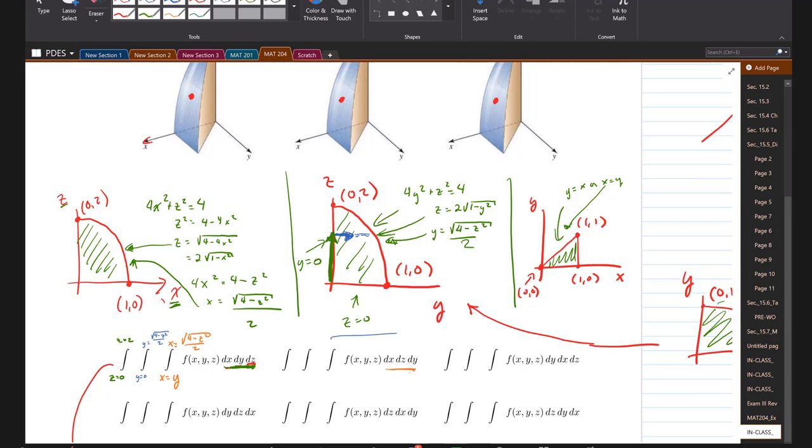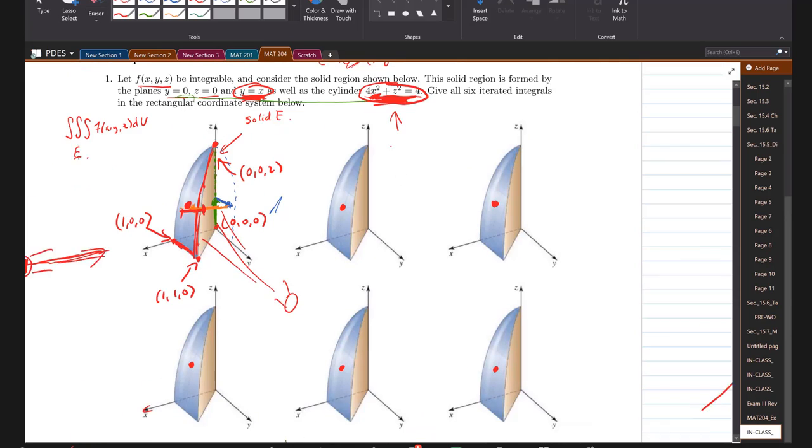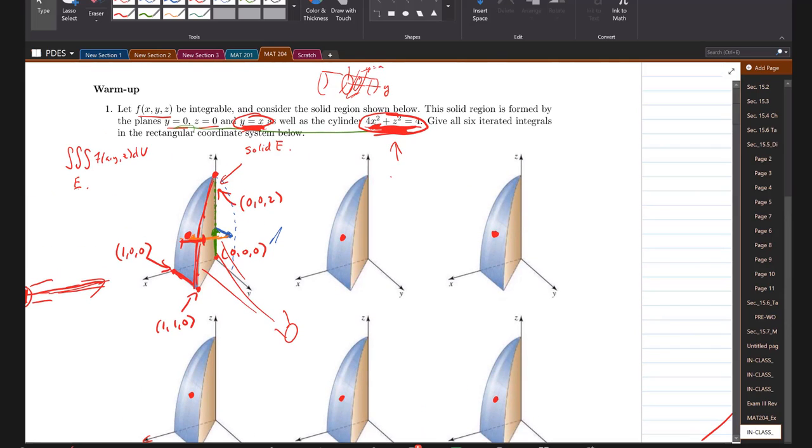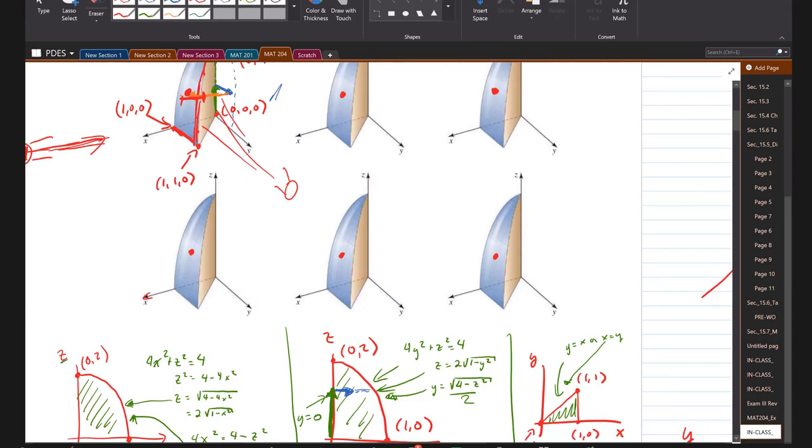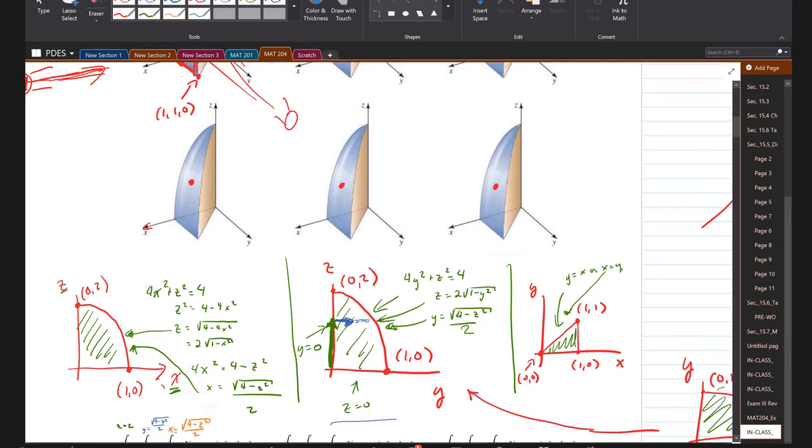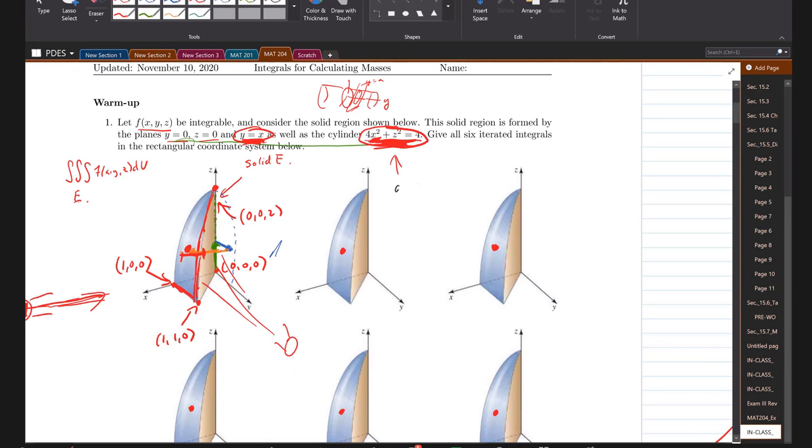But when it comes time to assign the limits, I'm going to start with thinking about going along the y-axis. So look how the picture changes here, folks. The order was dx, dz, dy.